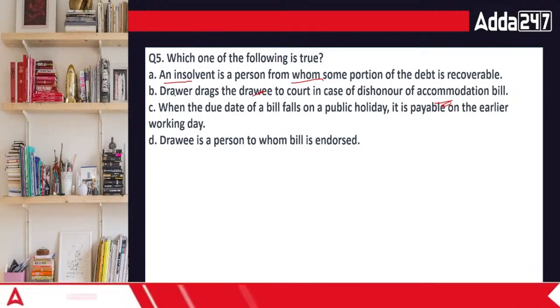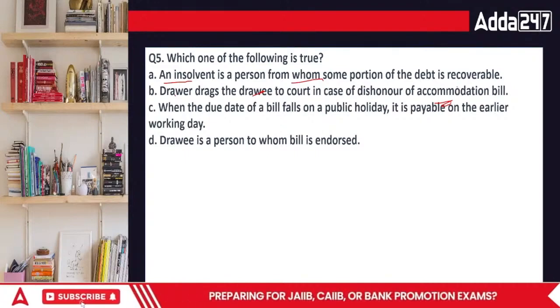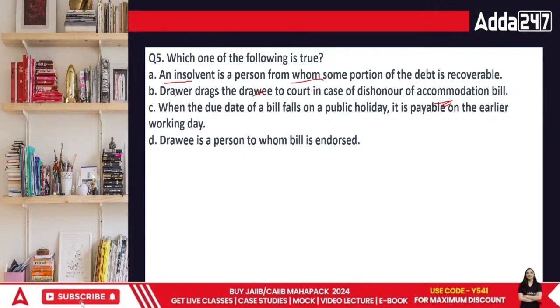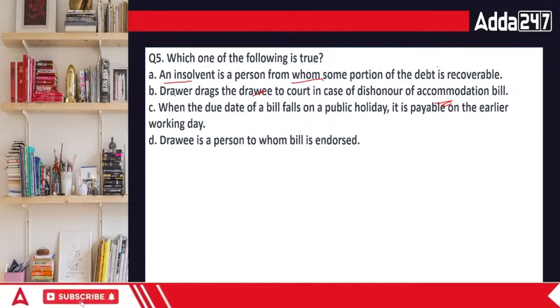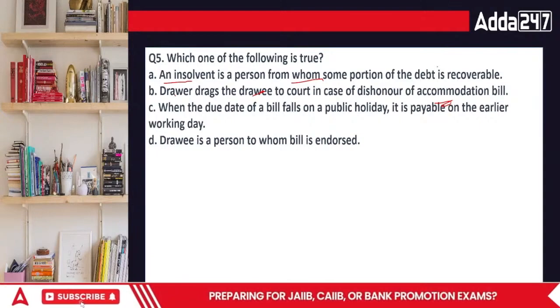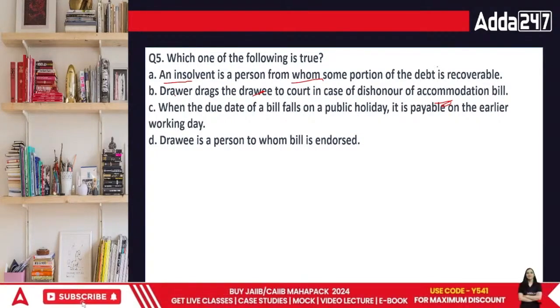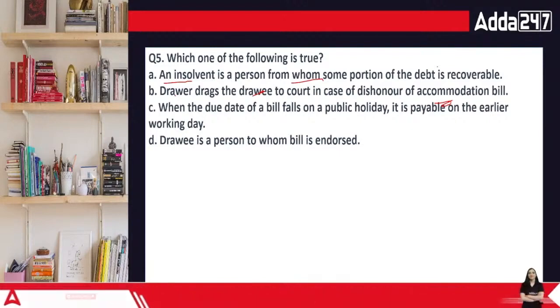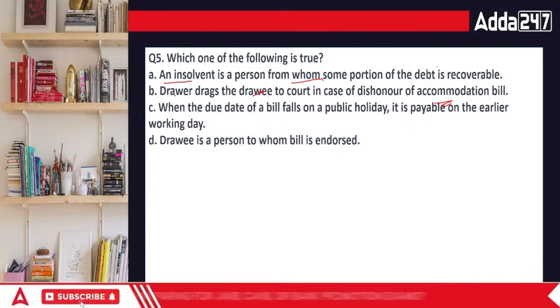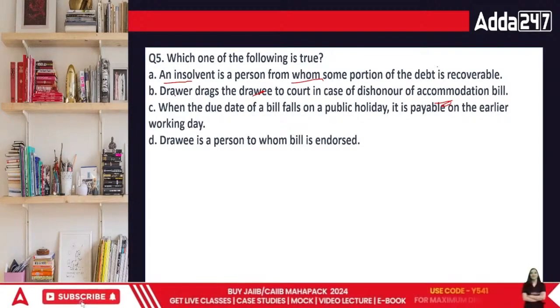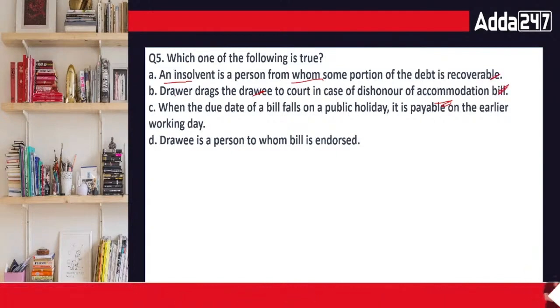For example, if the last day falls on 26th of January, then we will consider the last day of the due date not to be 26th, it's going to be 25th. That means a day before.